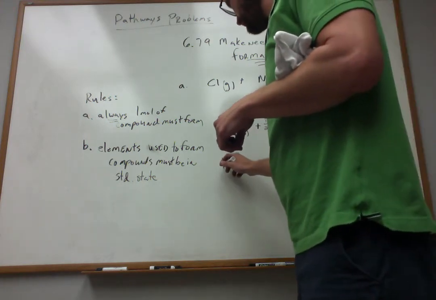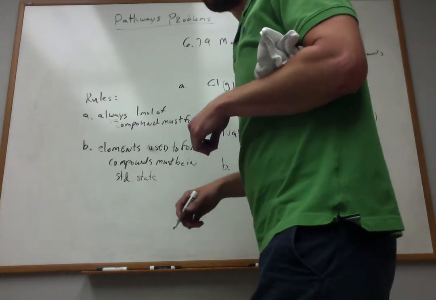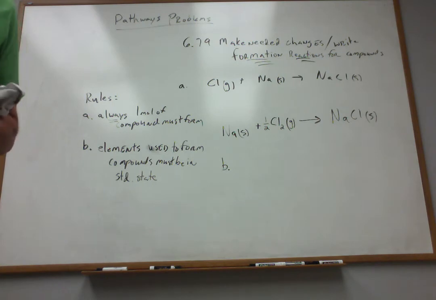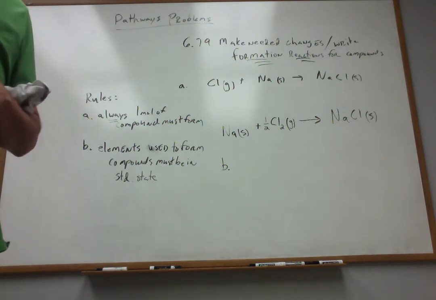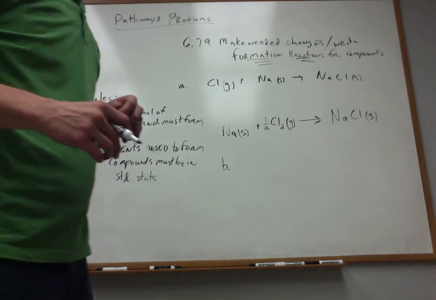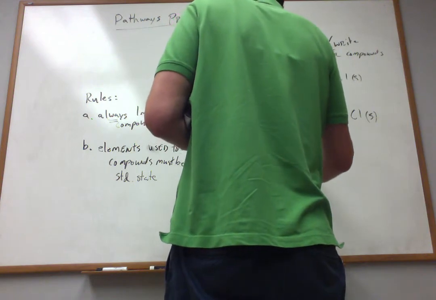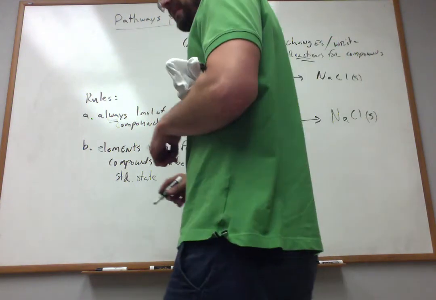Let's try this for a different compound. Part B, what do they do in part B here? 6.79. Oh, they're taking water and decomposing it into its elements. That's kind of strange, because usually we make formation reactions for compounds, not decomposition reactions.